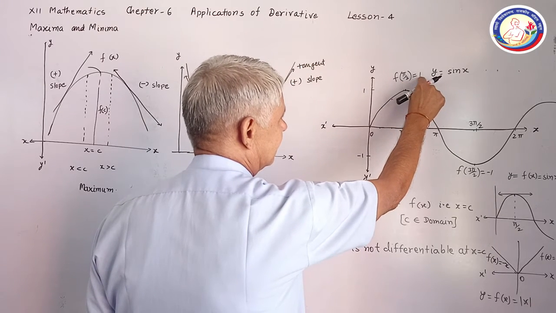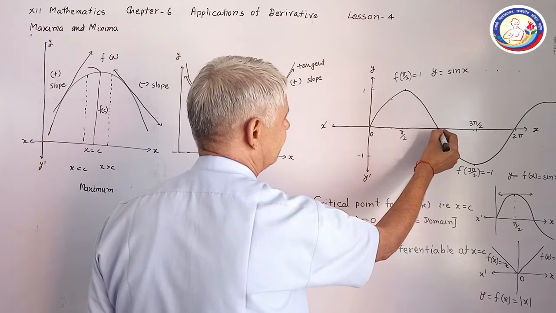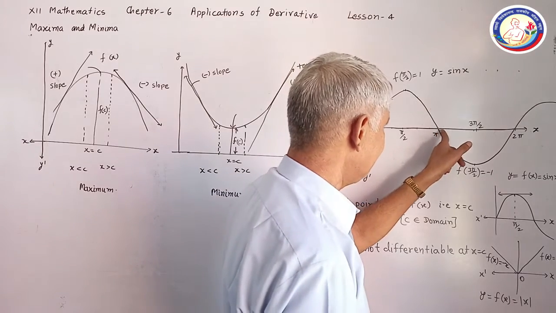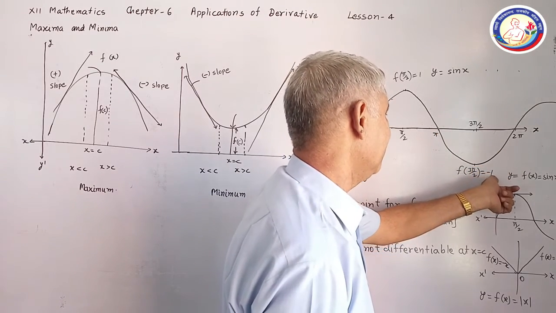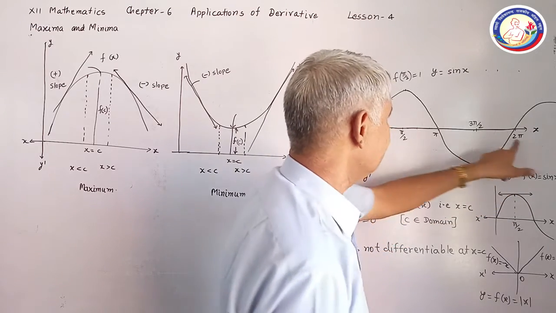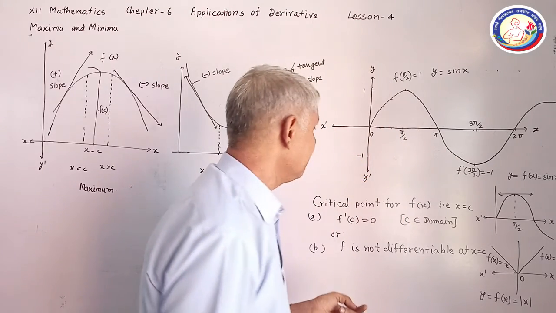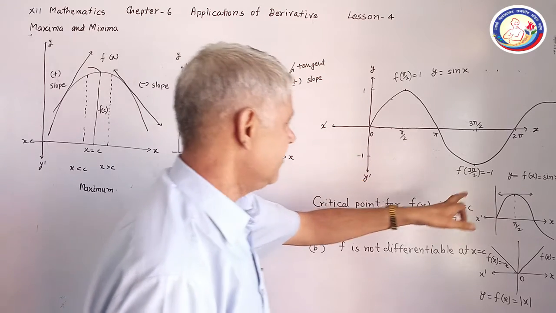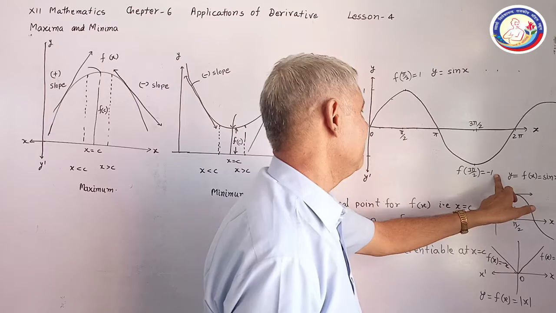This is the maximum value of the function in this interval, 0 to pi. Again, from pi to 2 pi, here is the minimum value, which is minus 1. From 0 to 2 pi, we have the maximum value 1 at x equal to pi by 2, and at x equal to 3 pi by 2, the minimum value is minus 1.